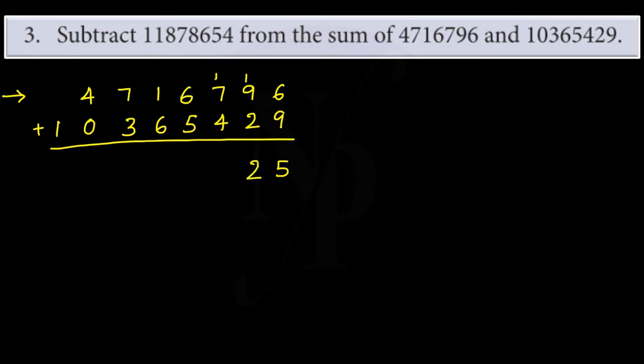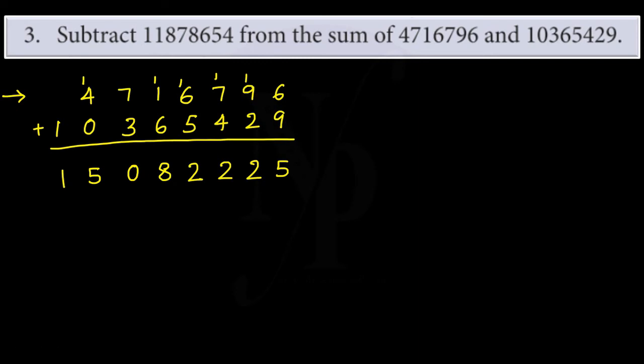Again 1 is carried forward. 7 plus 1 is 8. 8 plus 4 is 12. 6 plus 1 is 7. 7 plus 5 is 12. 1 plus 1 is 2. 2 plus 6 is 8. 7 plus 3 is 10. 1 is carried forward. 1 plus 4 is 5. 1 is brought down as it is.